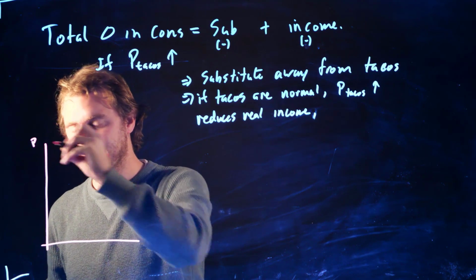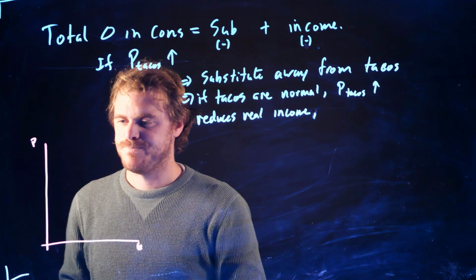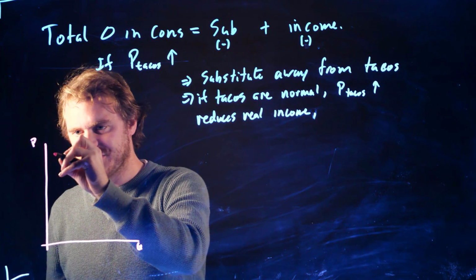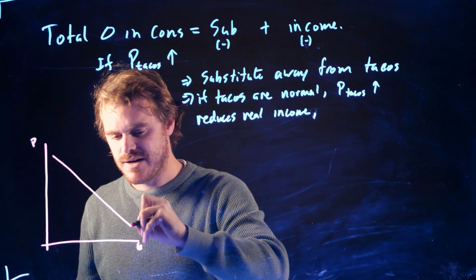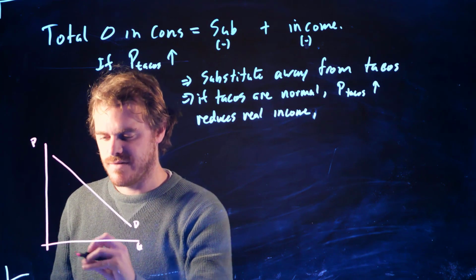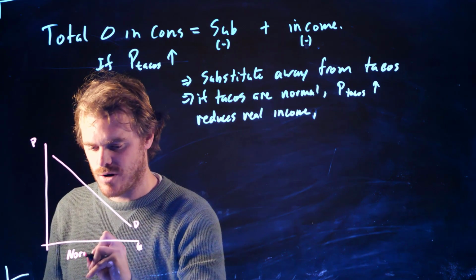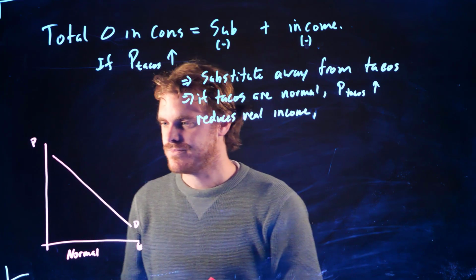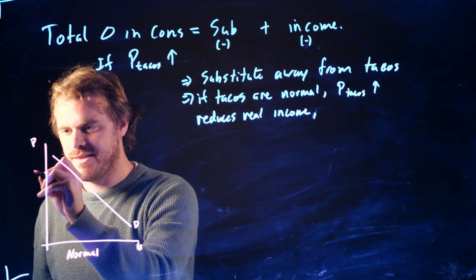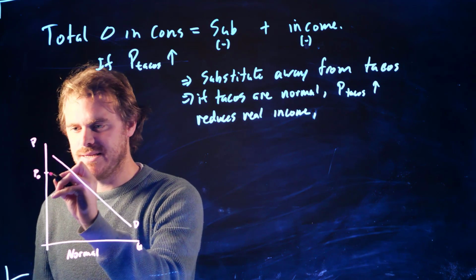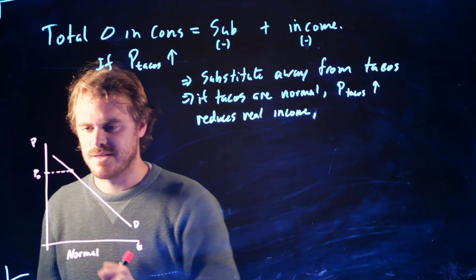All right. So here's the price and the quantity. I'm just going to draw a demand curve here. So this is the demand curve, and this is going to be a normal good. And so let's say the price is originally P0. So this is the price right there.